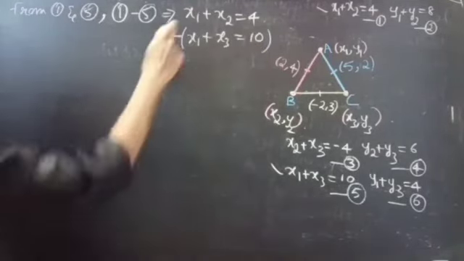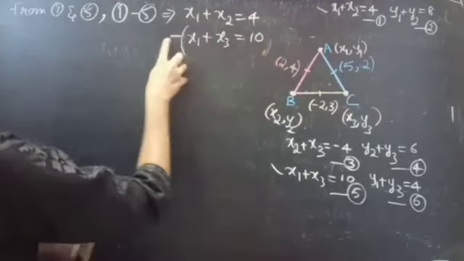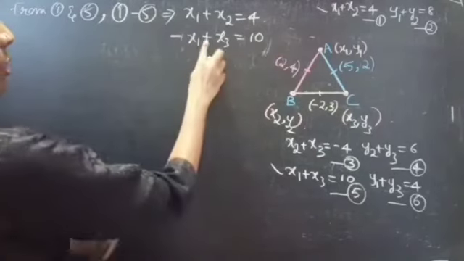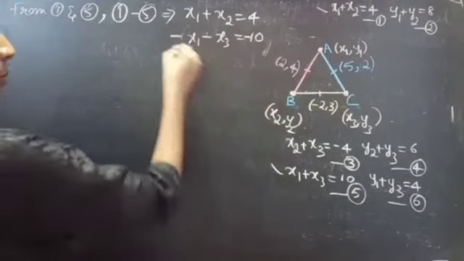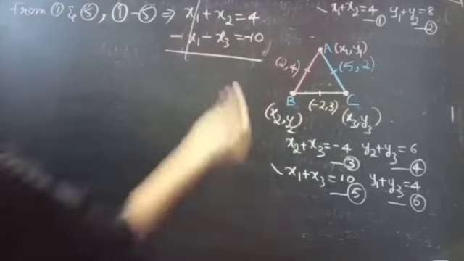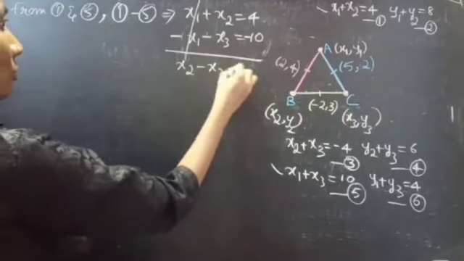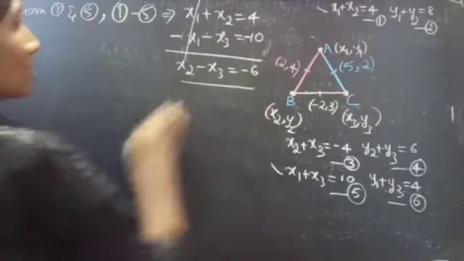Multiply with minus, then you'll get minus x1, minus plus is minus. So x1 gets cancelled and you'll get x2 minus x3 equals 4 minus 10, which is minus 6.